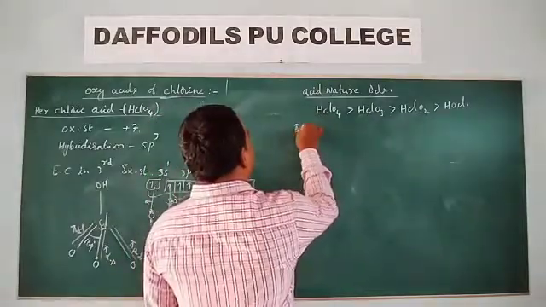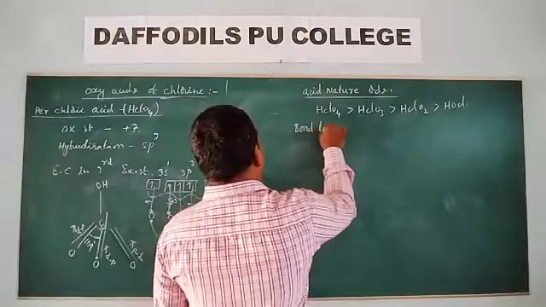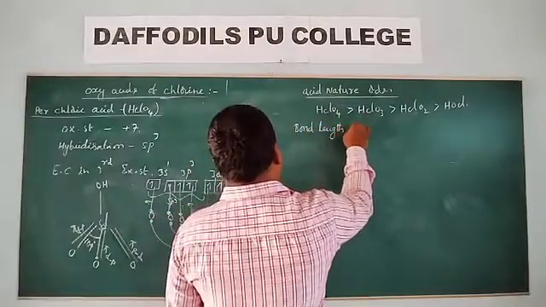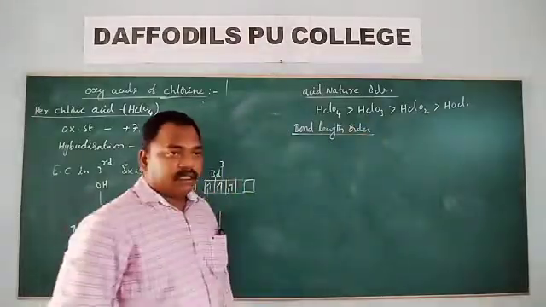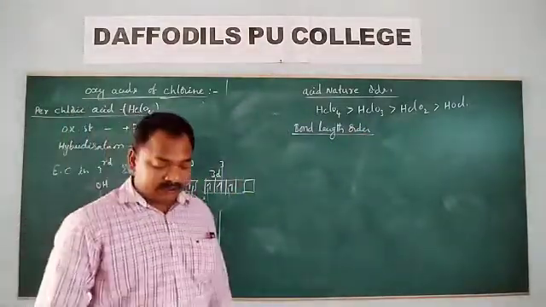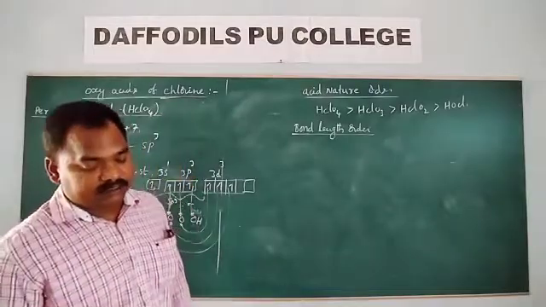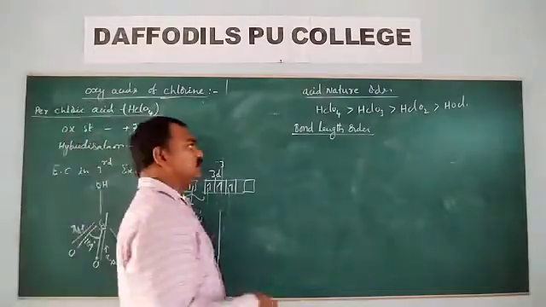Next, bond length order. As the number of bonds increases, bond length decreases.